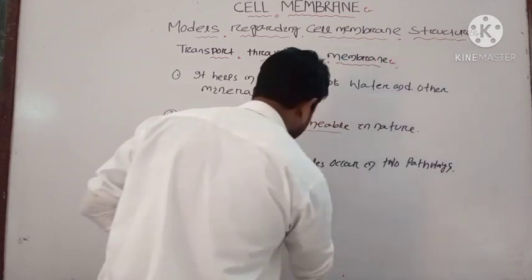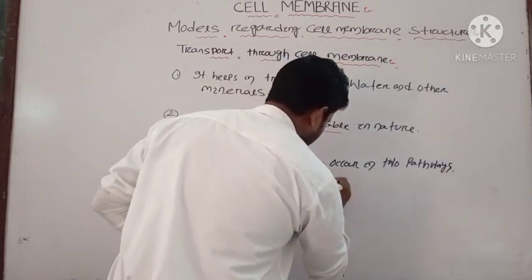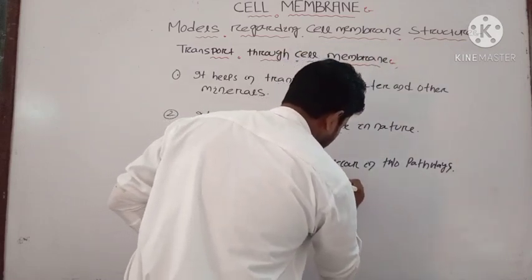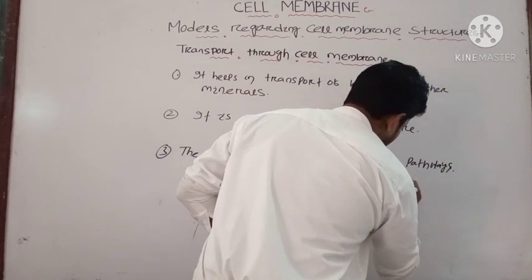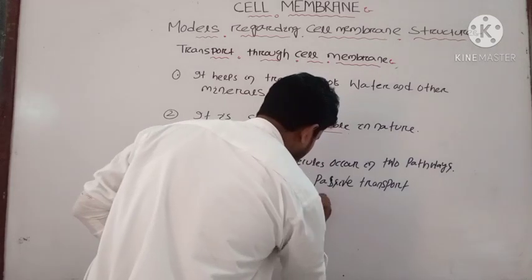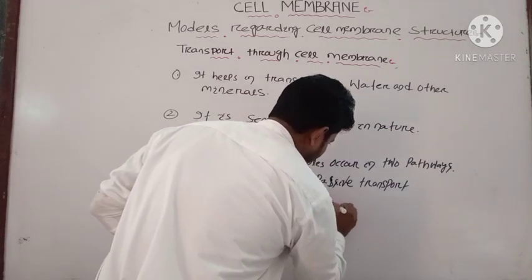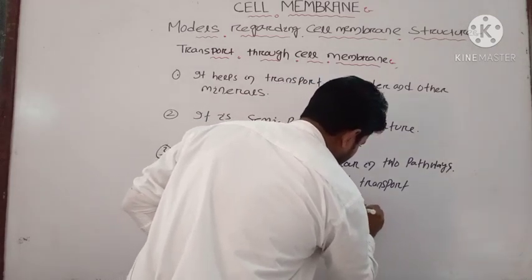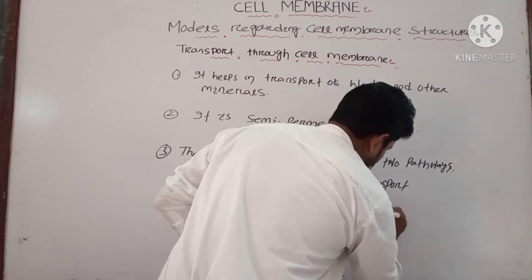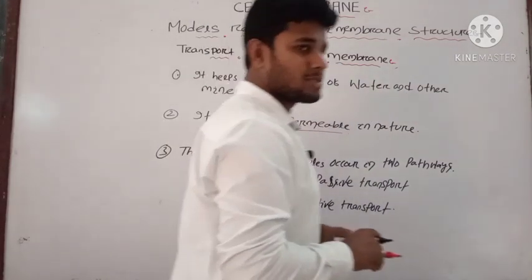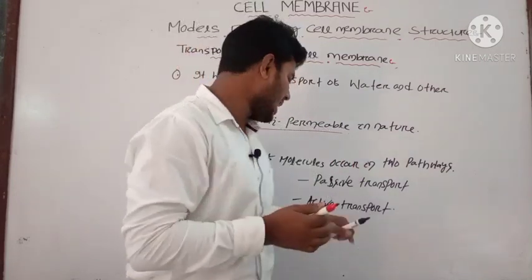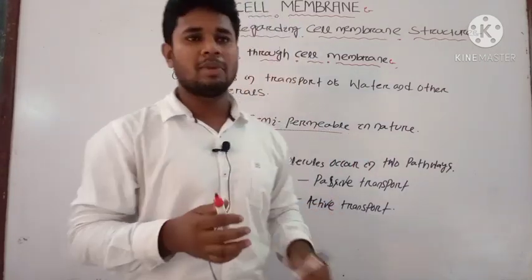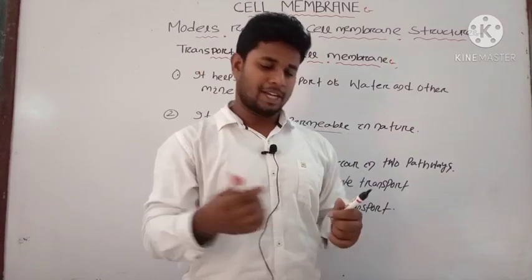One is your passive transport and the next one is your active transport. In passive transport, there is no involvement of energy, but in active transport, there is involvement of energy in the form of ATP.